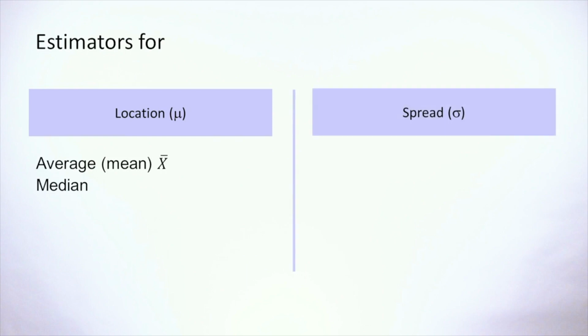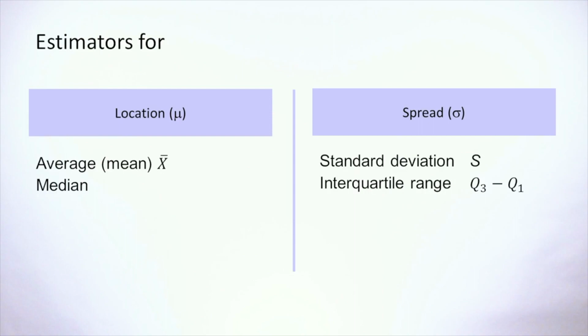For sigma, the spread in the data, the most often used estimator is the sample standard deviation. But we can also use the interquartile range, which is the difference between Q3, the third quartile, and Q1, the first quartile. Or we can use the range, the difference between the maximum and the minimum. Again, it depends on the situation which estimator is most useful.